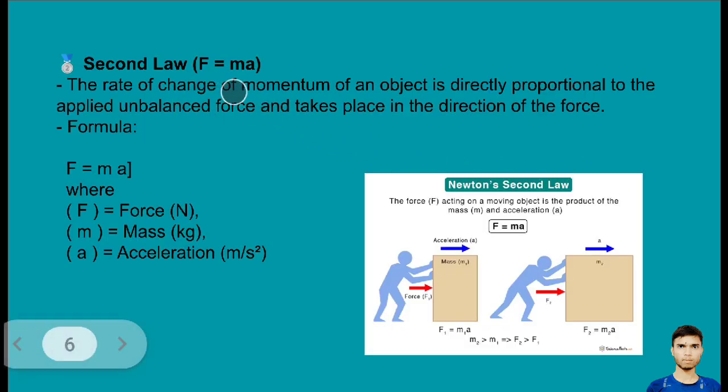Now next, the second law. F is equal to ma. F means force, m is mass, and a is acceleration. We are applying a force on an object, and the object has mass.